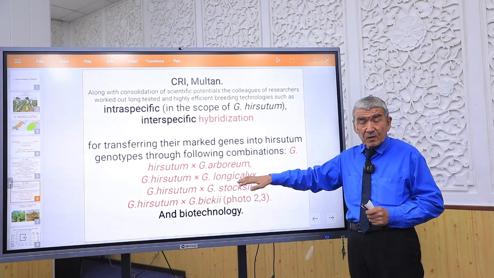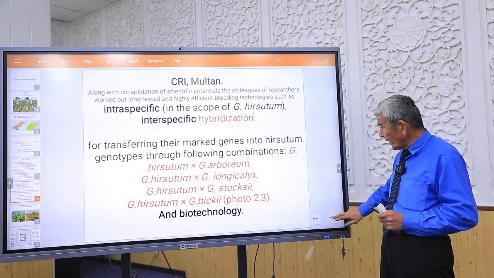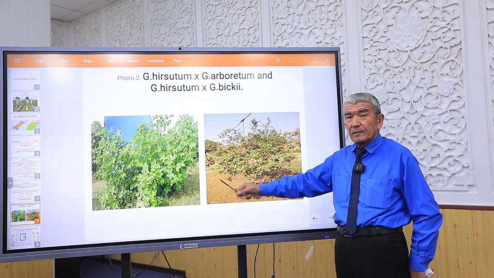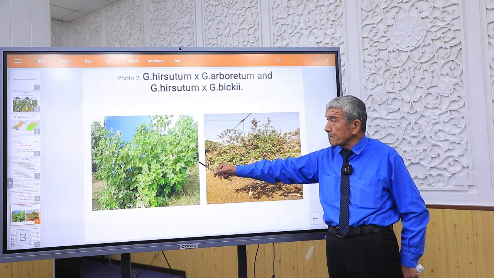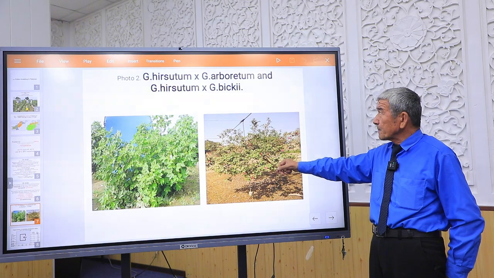And of course, we know some wild species, Arboreum and Bickii.